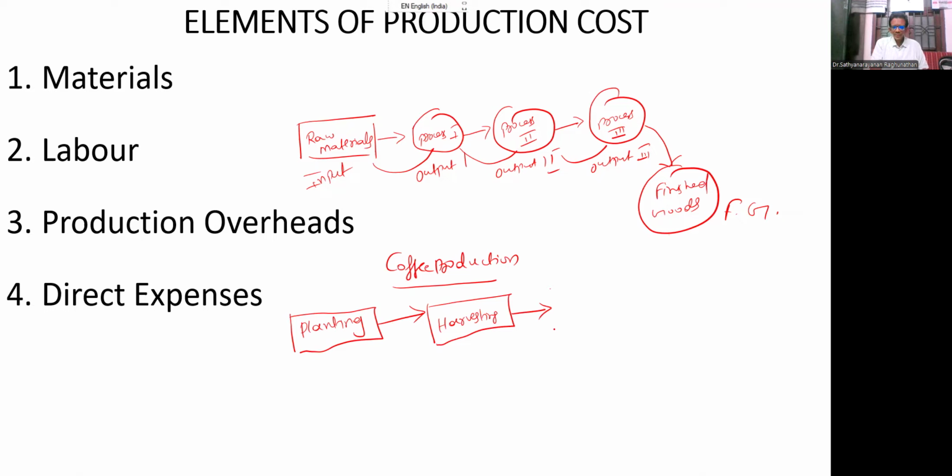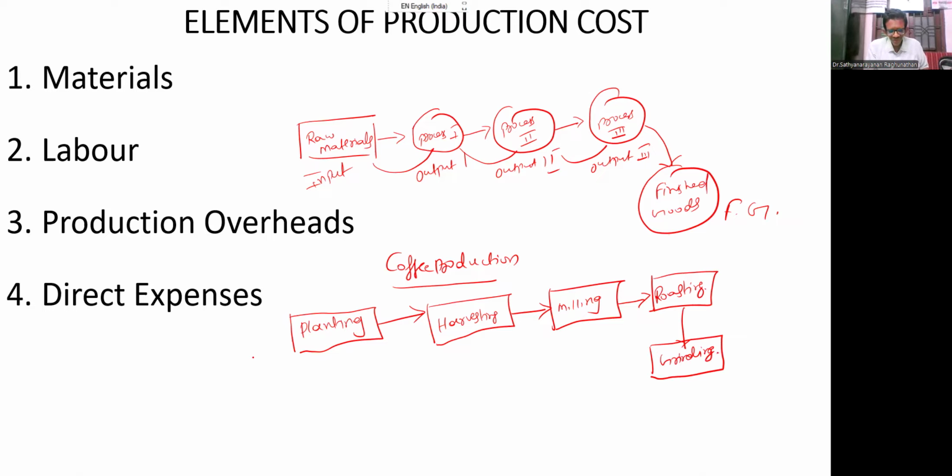The third stage is milling. The fourth process is roasting. The last stage is grinding.